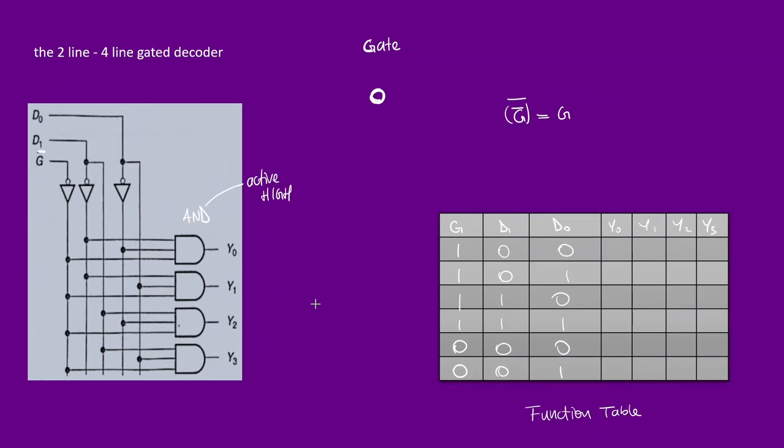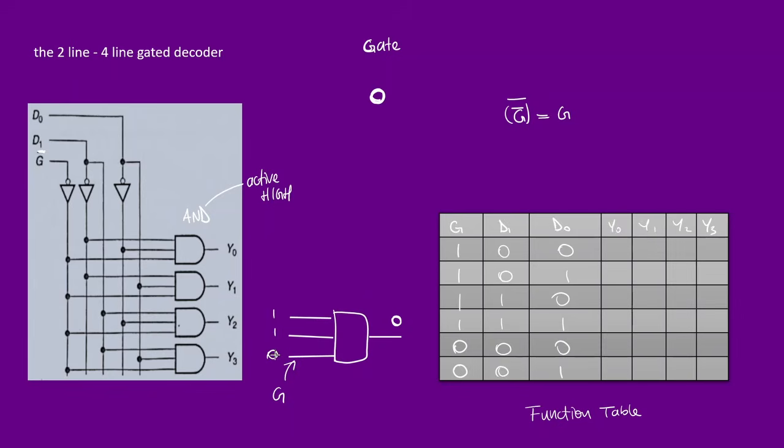Because for a 3 input AND gate, let's say the first 2 are data and the last one is my gate, right? As long as the gate is low and both of these are 1, my output is always going to be 0, so far as I'm dealing with an AND gate.